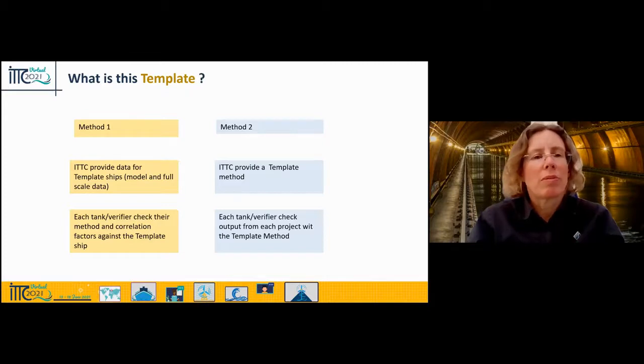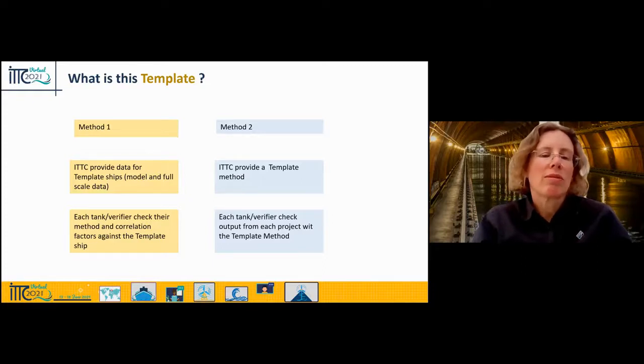One way to express this template could be that ITTC provide a template ship, meaning model and full-scale data for an example ship. And then each tank or verifier checks that the method and correlation factors give correct results against this template ship.